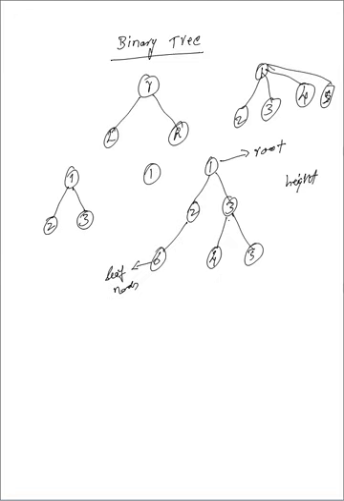The first one is in order, the second one is pre-order, and the third one is post-order. What are in order, pre-order and post-order? These are the traversal methods which we are going to use.